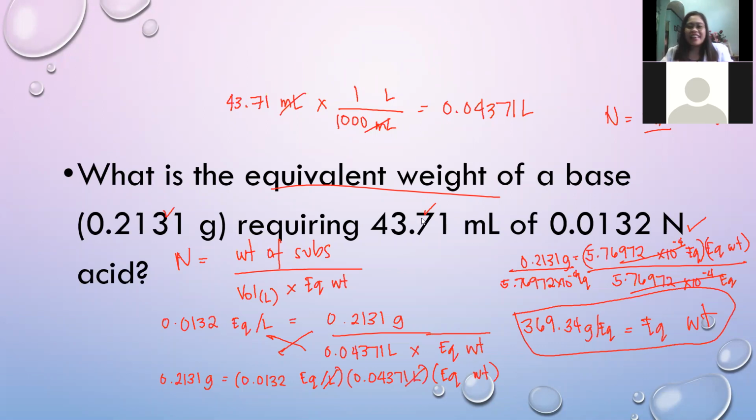So do not forget to round off only at the final answer.